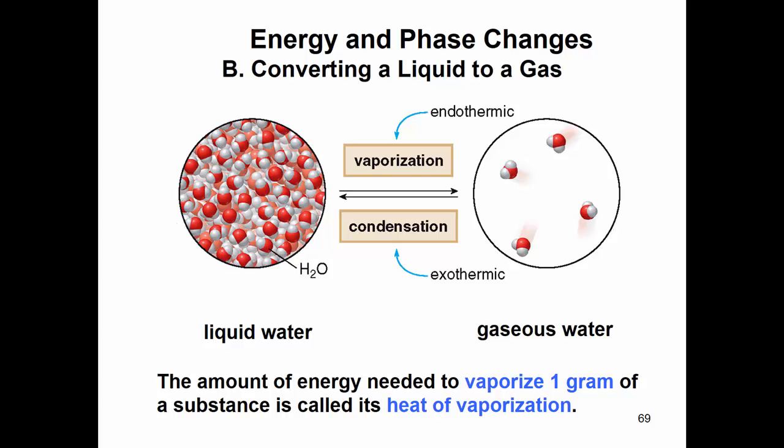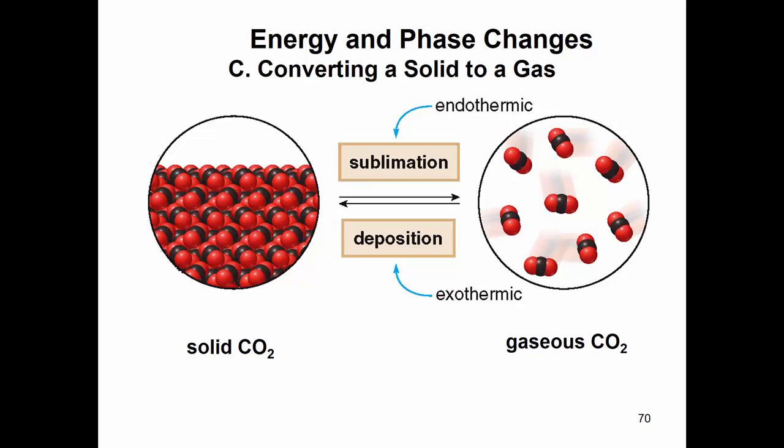The amount of energy that you need to vaporize, liquid to a gas, whereas fusion, we were going from a solid to a liquid, for 1 gram of a substance is called heat of vaporization. And substances have values for this, just like they did for heat of fusion.